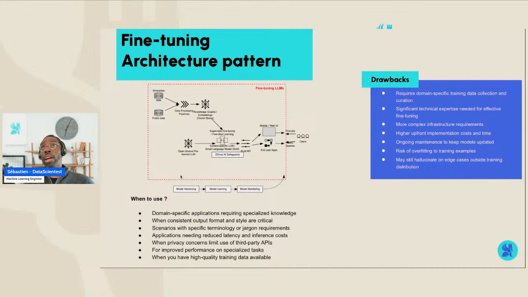So of course, you will have to think about much more stuff like model versioning, model caching, and model monitoring, at the same time as getting the data and having a live architecture that never goes off. So when will this architecture be interesting? Domain-specific applications requiring specialized knowledge.